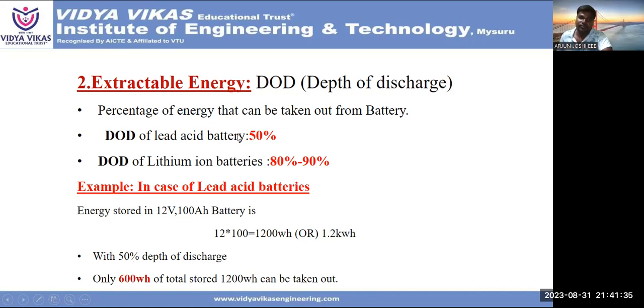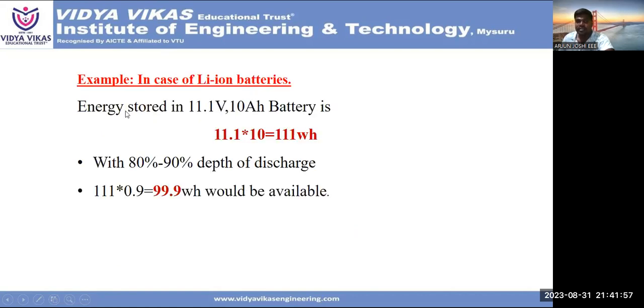What is the depth of discharge of a lead acid battery? 50 percent. If 100% means 1200 watt hour, I am able to use only 50 percent, that is only 600 watt hour of the total stored 1200 watt hour. In the case of a lithium ion battery, energy stored in an 11.1 volt, 10 ampere hour battery is 11.1 into 10, equal to 111 watt hour.